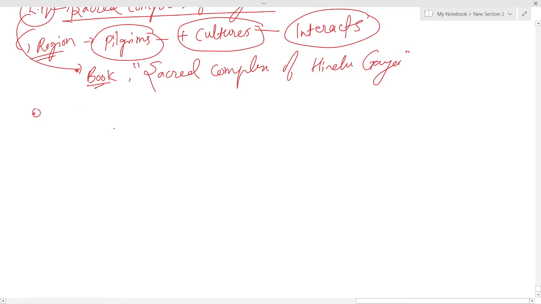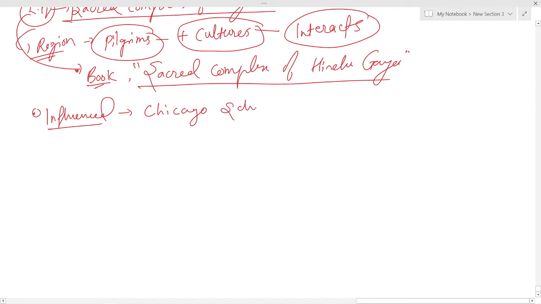This sacred complex of Hindu Gaya was basically influenced by the Chicago School of Anthropology, right?